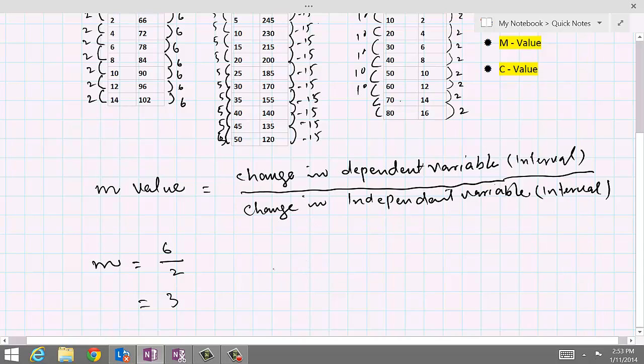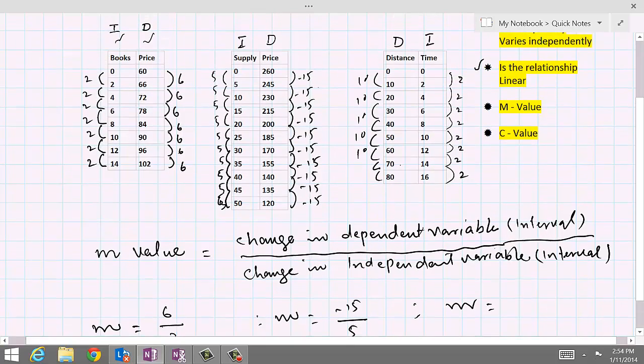And if we want to find out the m value for this one, what is the interval of change in the dependent variable? That is -15. And what is the interval of change in the independent? That is 5. Therefore the m value here is -3. And what is the m value for the third data set?